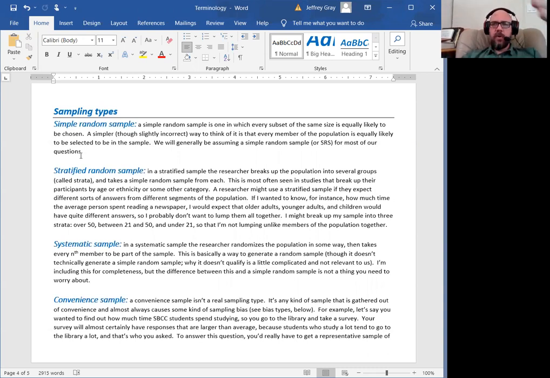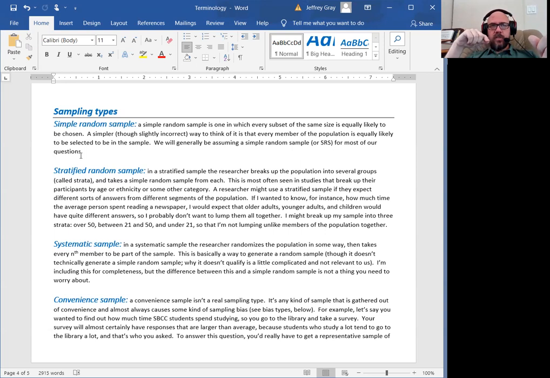So if your whole population is some large group that you're trying to generalize to, and it is equally likely for you to choose any member of the population to be in your sample, then you've got a simple random sample. This is the gold standard of sampling, with an exception, which is the next type, a stratified random sample.